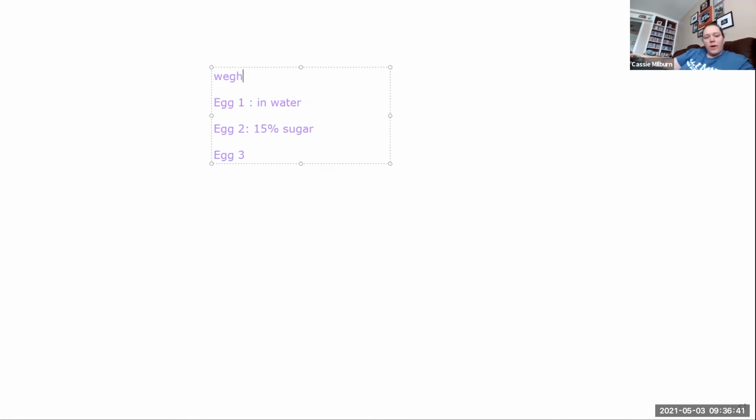Dr. Henry, how do I weigh my egg that is completely destructed in the vinegar? So when it's completely destructed, because technically they all should be, your shell should be off of them completely, pretty much, right? And so all you're going to do is pick up that egg and then put it in there. If your egg actually cracked and the yolk just went out, what I'm going to have you do is keep one in water and keep one in sugar. That third egg is going to be the one that's in vinegar.